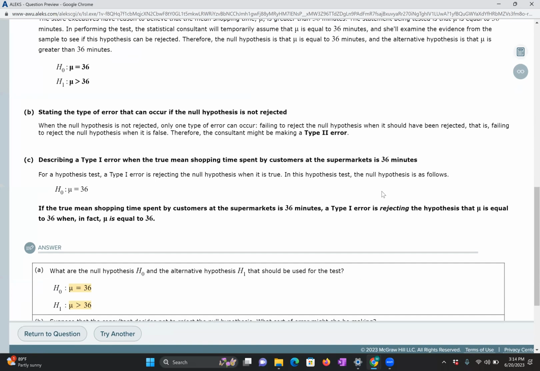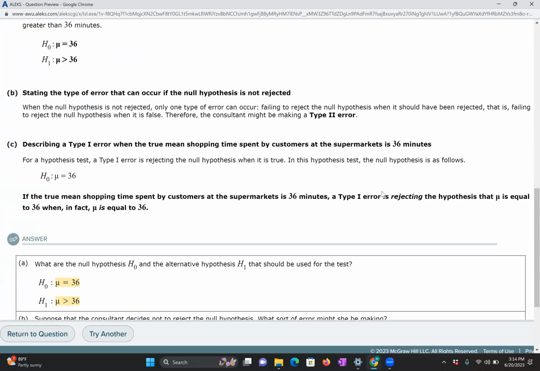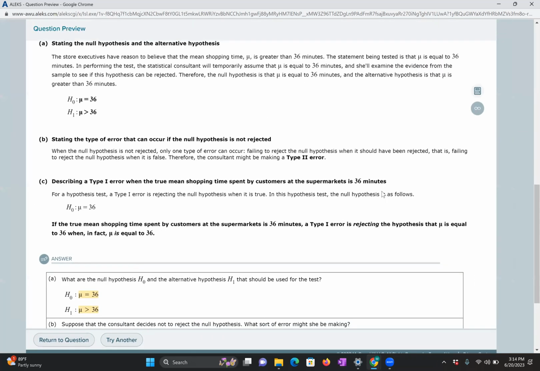A type 1 error in this case would be where mu is equal to 36. If the true mean shopping time is 36 minutes, we have a type 1 error, which is rejecting the null hypothesis that mu is actually equal to 36, when in fact mu is equal to 36. So I think we're okay with that.